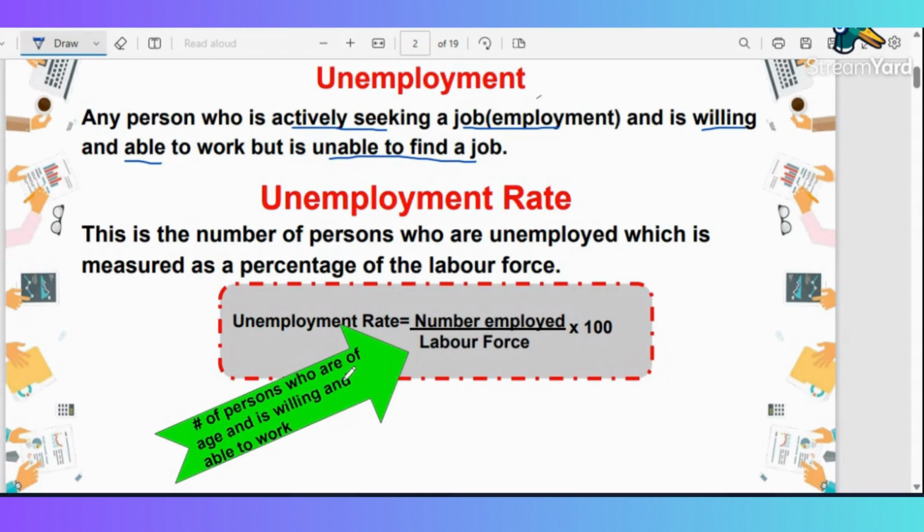And as you can see, the arrow here reminds us that the labor force is the number of persons who are of the age and are willing and able to work. So a person who has met the required age based on the country's requirements, and is willing and able to work, is noted as the labor force.